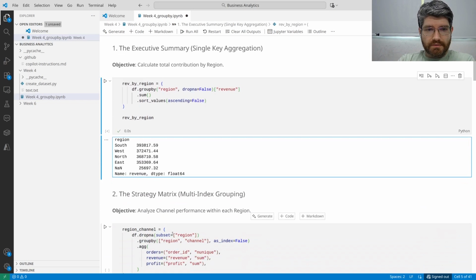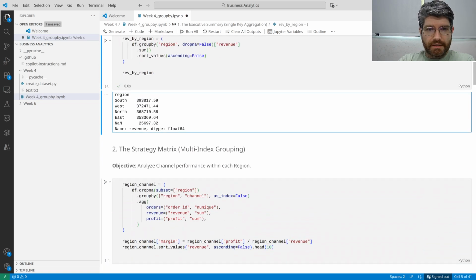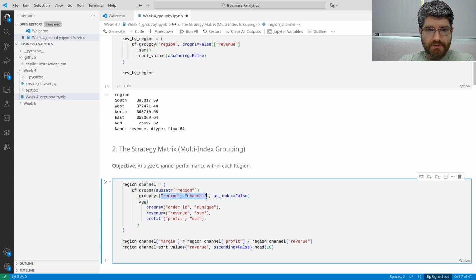Then we would like to check the strategy matrix. It's aggregate first, then derive. Pattern 2 is our strategy matrix. We look at region by channel. You can see that we are grouping by two options in a list, first the region and then the channel. Then we aggregate using three columns.